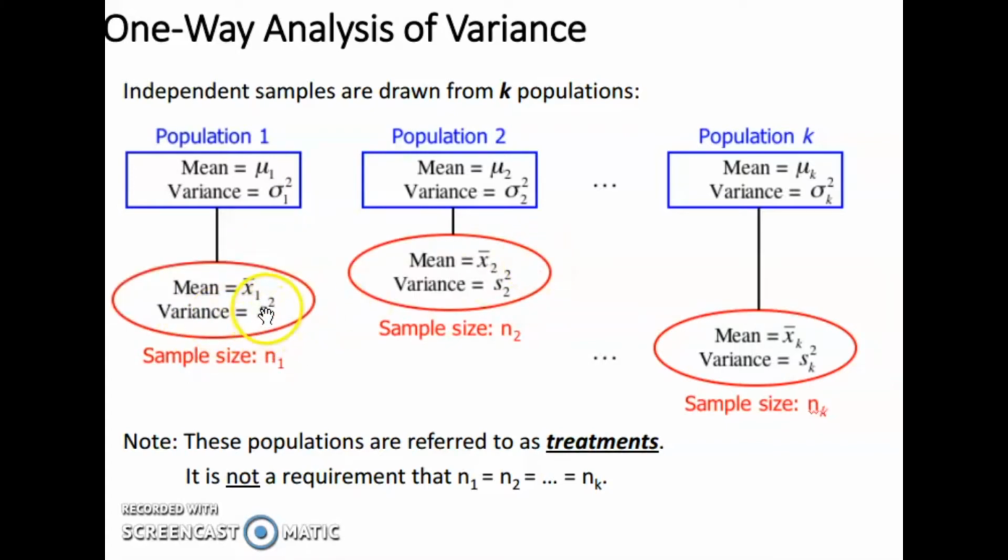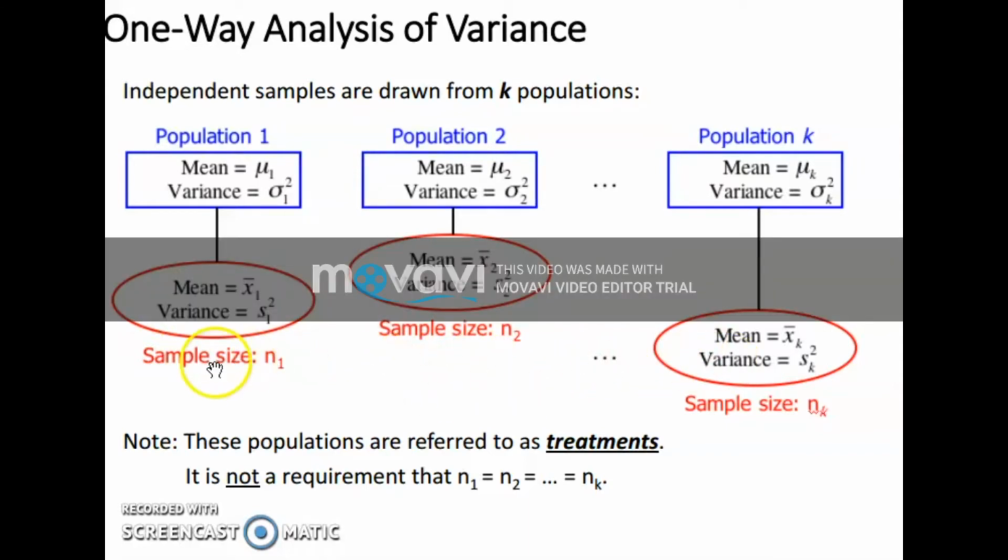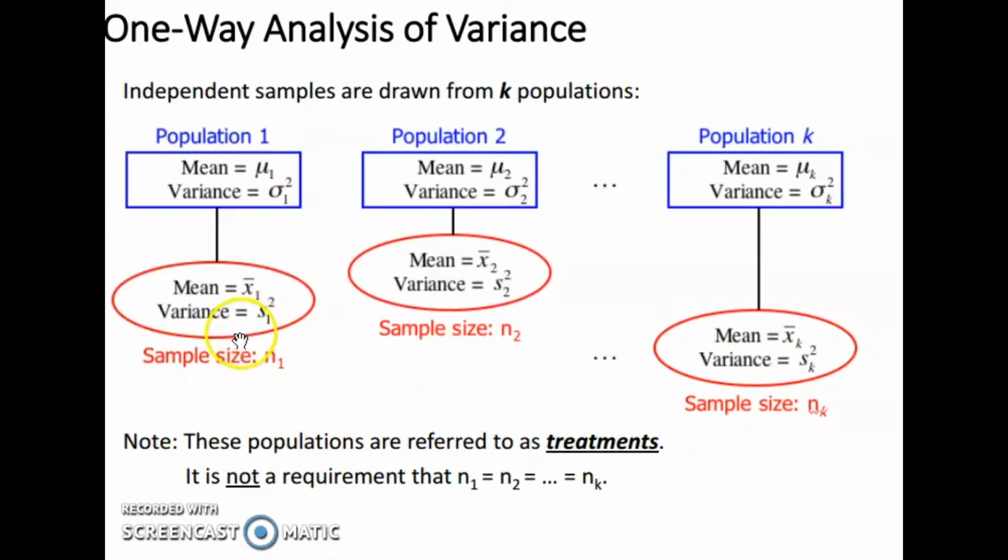So we have the sample statistics for each sample. As we said before, the populations are treatments, and it is not a requirement that the sample sizes from treatment 1, treatment 2, and treatment 3 are the same.